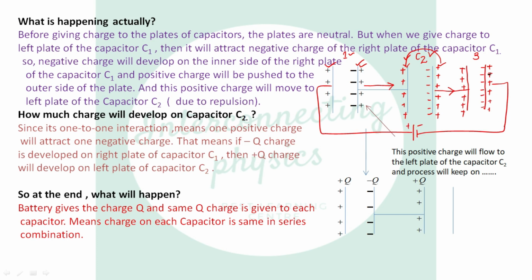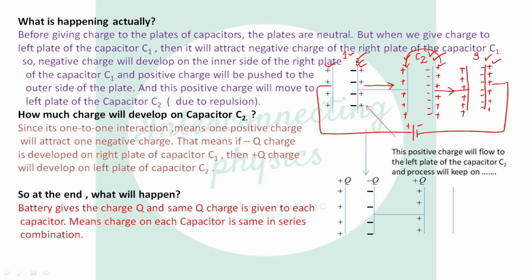Now this positive charge will get neutralized through the negative electrons of this terminal of the battery. These positive charges will get neutralized by the negative charge present here. So we can say that this right plate of capacitor 3 becomes negatively charged. Similarly, the right plate of capacitor 2 becomes negatively charged.